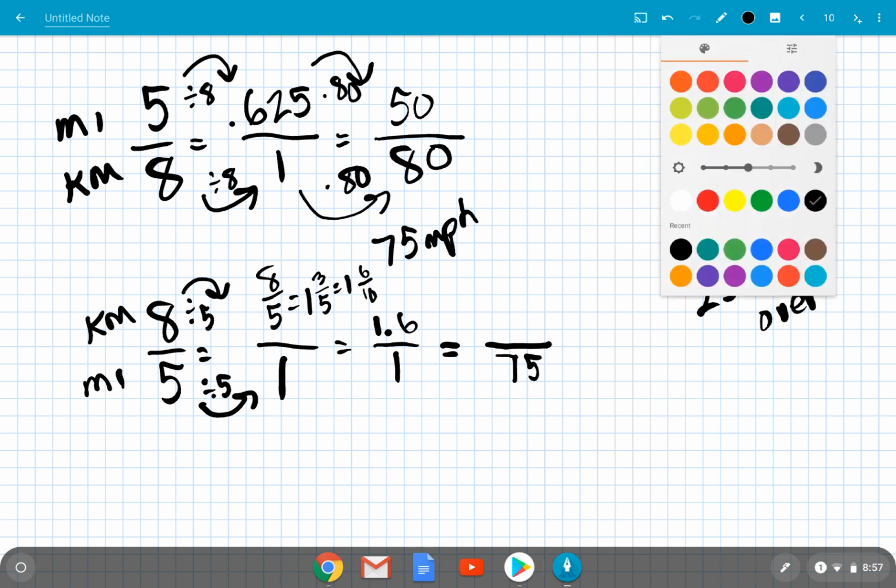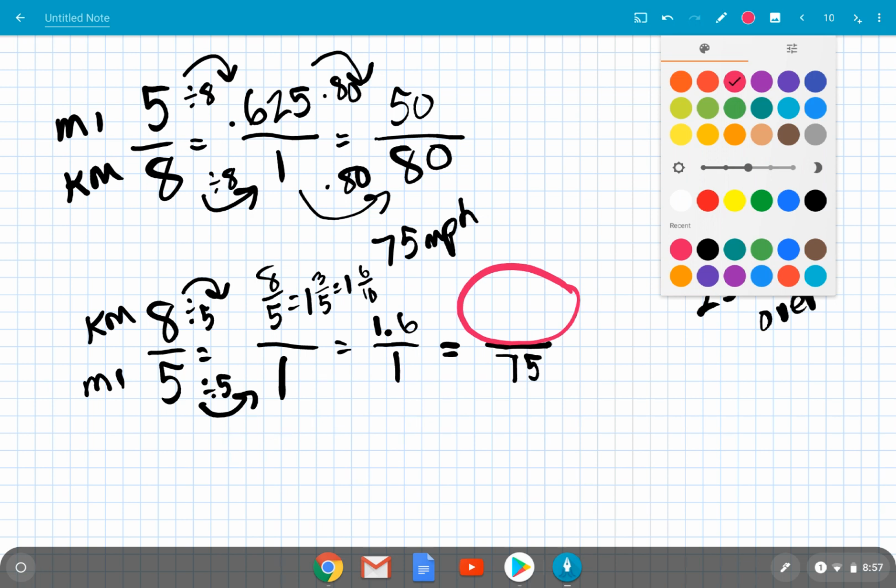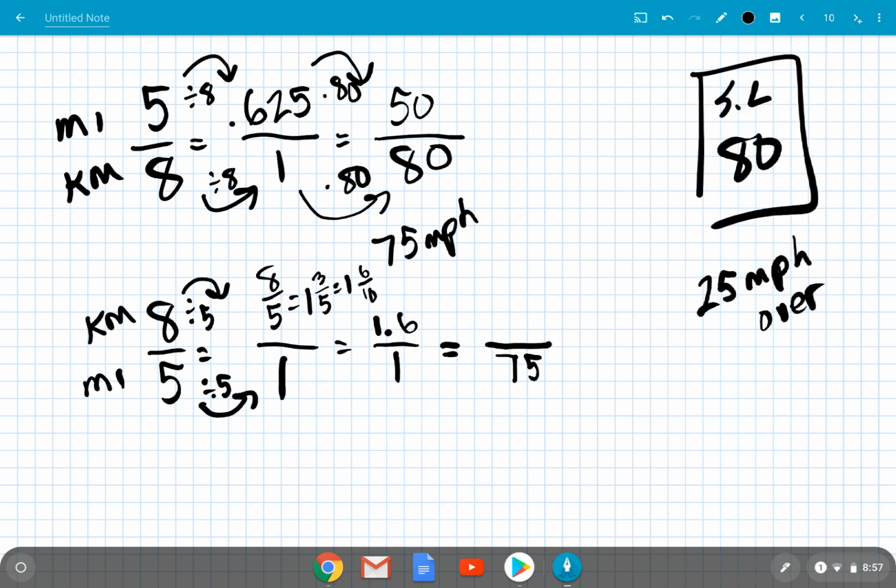So if I'm trying to find her speed in kilometers per hour, I have to solve for this top one. But again, we've got the unit rate at the bottom. So I know it's just 1 times 75. If I have to do that to the bottom term, I have to do it to the top term, but I don't know it off the top of my head, so I'll set it up for work.